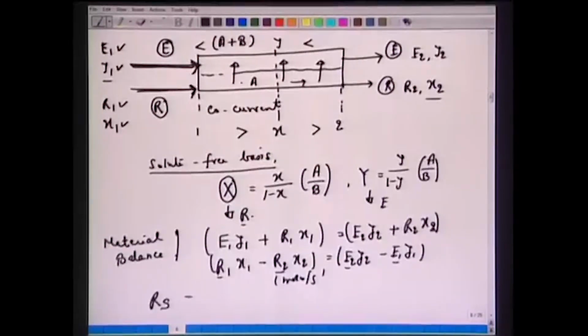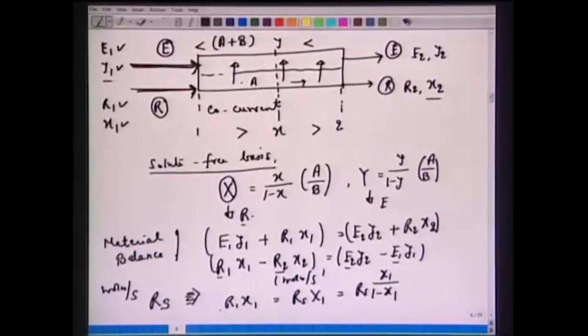What is Rs here? This is also moles per second of the stream on solute free basis, which means we can define Rs such that R1 x1 equals Rs capital X1, which is nothing but Rs x1 over 1 minus x1.